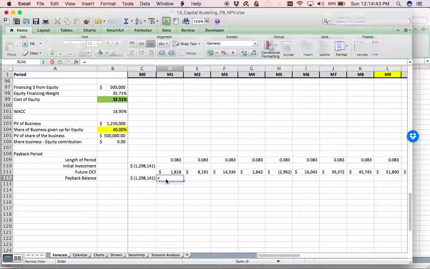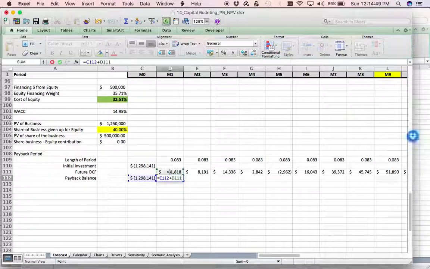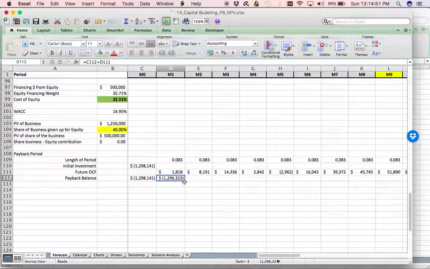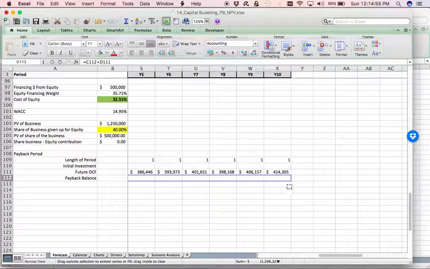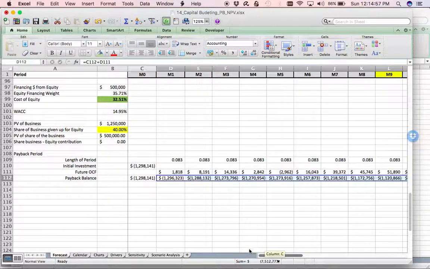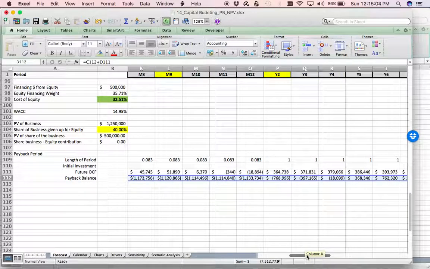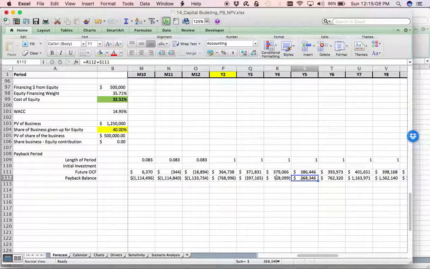In month 1, it's equal to the month 0 balance plus whatever the month 1 cash flows are. Right? And we just continue to carry that on out. And you'll see that we start out kind of paying things down, and there comes a point in time out here where the cash flows start going positive, right?